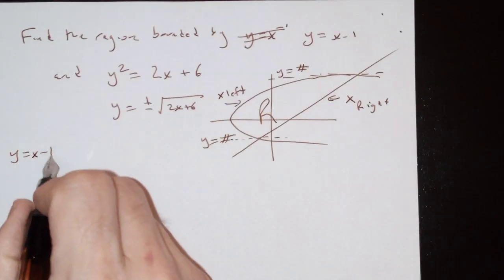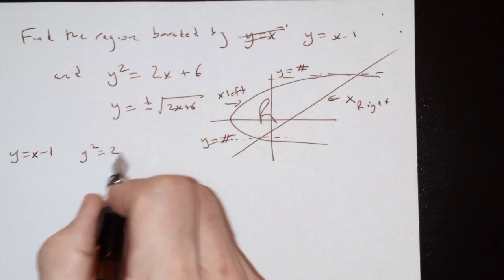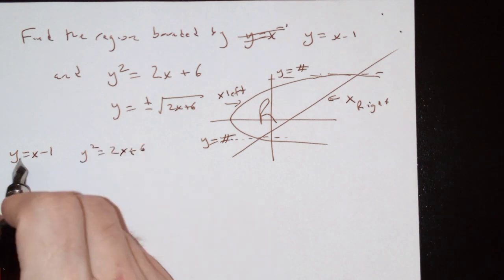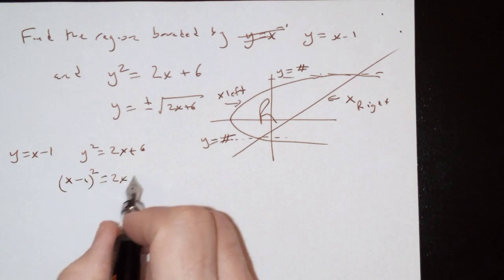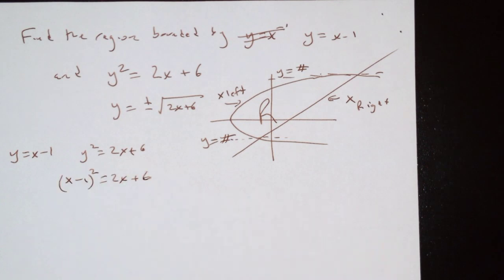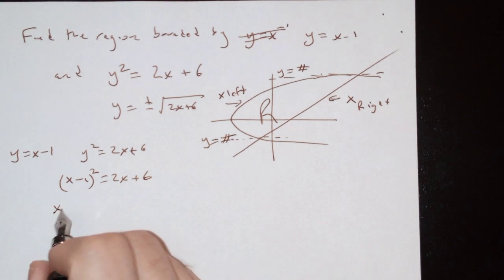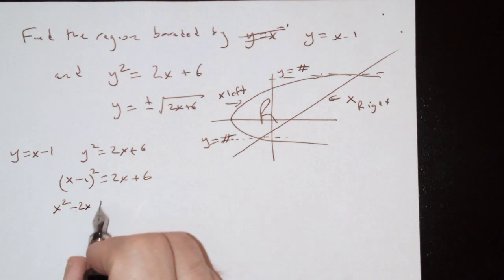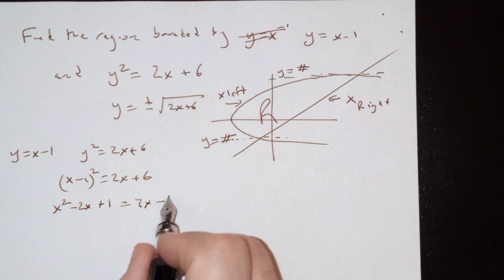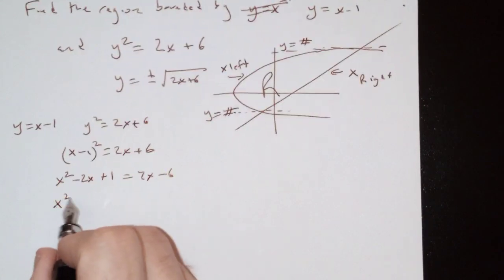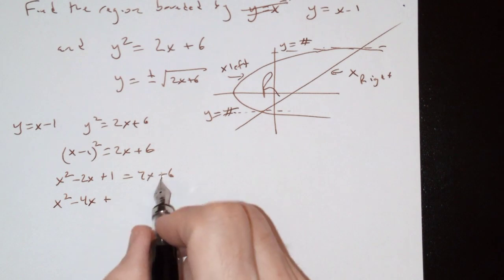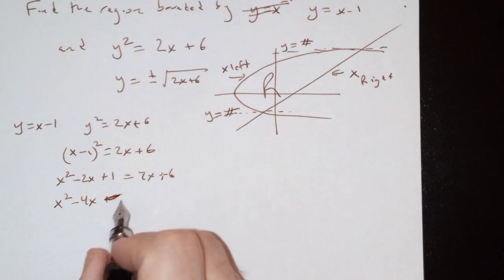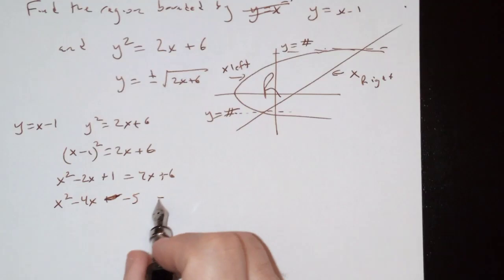y equals x minus 1 and y squared equals 2x plus 6. That means I can put that in there and I can solve. x squared minus 4x minus 5 equals 0.